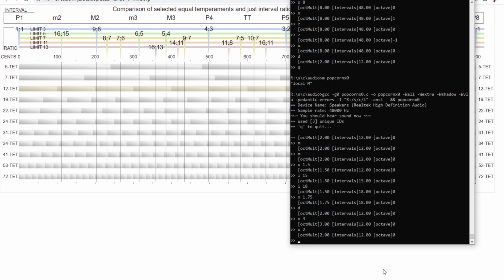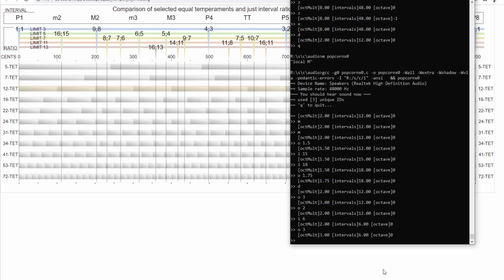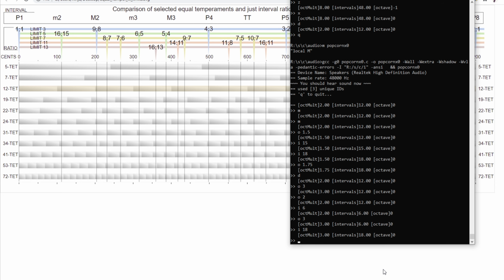We can also do the opposite, for example, halving the intervals. Nice, very nice. And for example, I can multiply the octave by 3 and have 18 intervals.